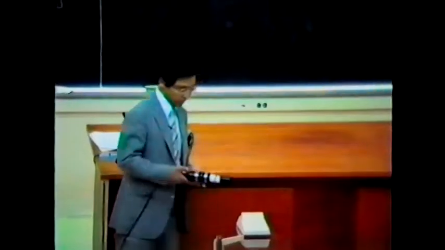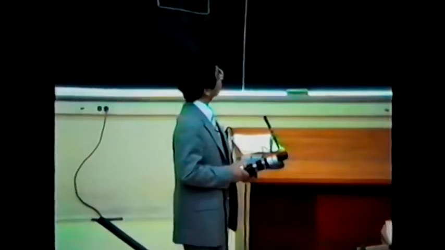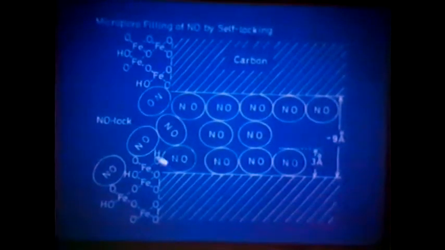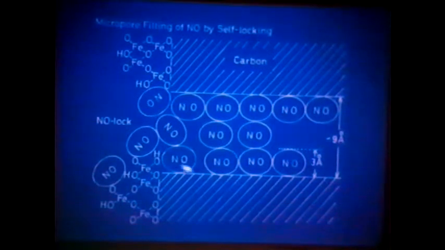Probably NO molecules are adsorbed near here, but slightly a hole exists. So we can obtain the type 1.